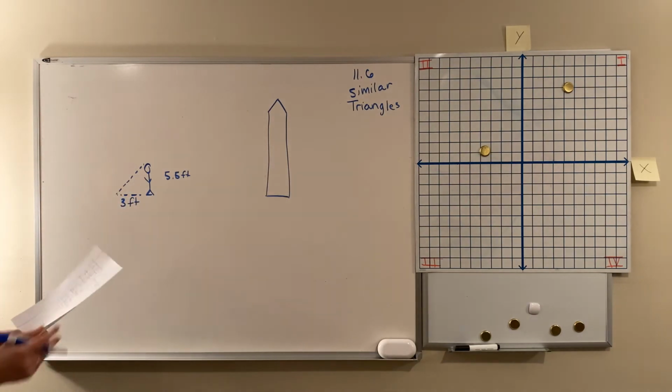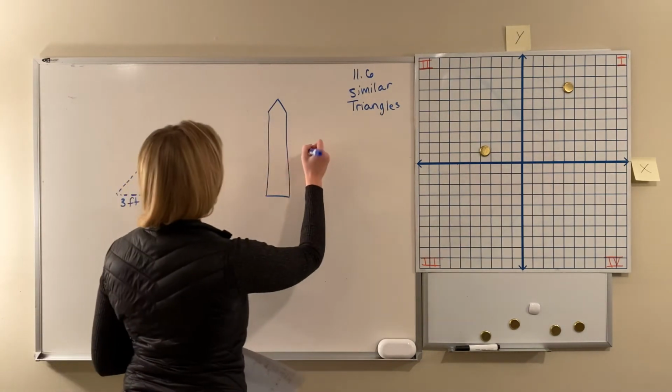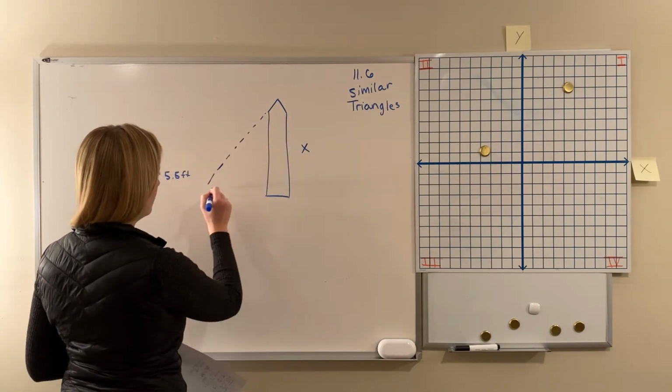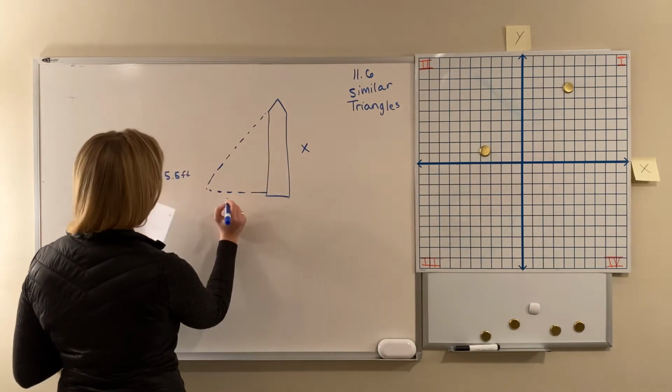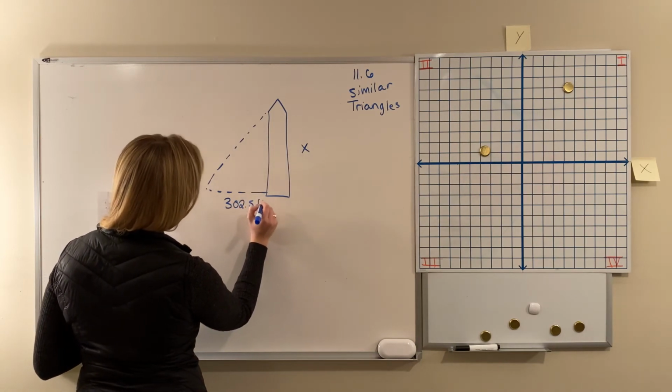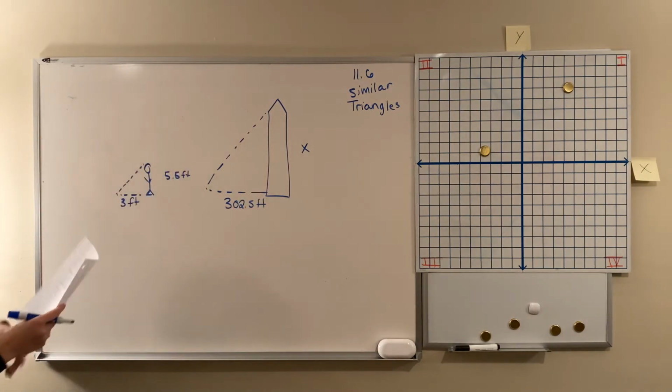And then we're told that she's standing next to the Washington Monument, and we're solving for the height of it. We don't know the height of it, but we know that its shadow that is being projected down is 302.5 feet.